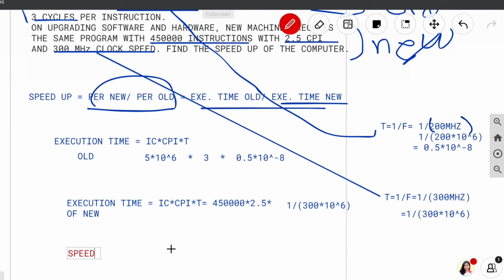So speed up is equal to execution time of old machine divided by execution time of new machine, that is 5 into 10 to the power 6 into 3 into 0.5 into 10 to the power minus 8, divided by 450,000 into 2.5 into 1 divided by 300, and I'm writing 10 to the power 6 as 10 to the power minus 6 directly.